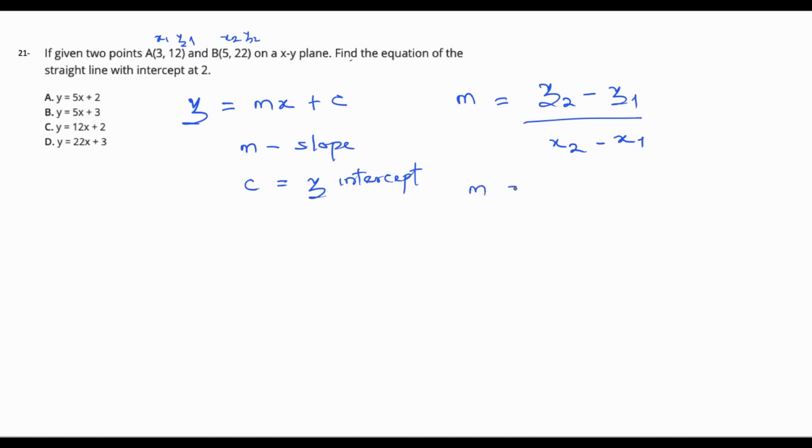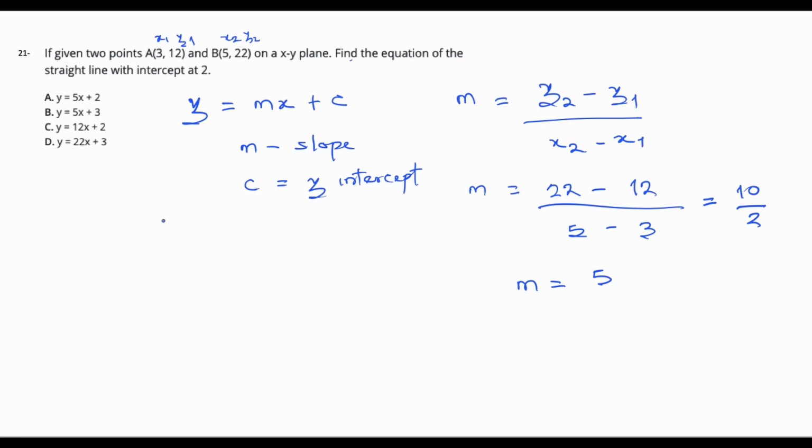So m equals y2, which is 22, minus y1, which is 12, over x2, which is 5, minus x1, which is 3. So here you have 22 minus 12 is 10, and 5 minus 3 equals 2. So our m is equal to 5.